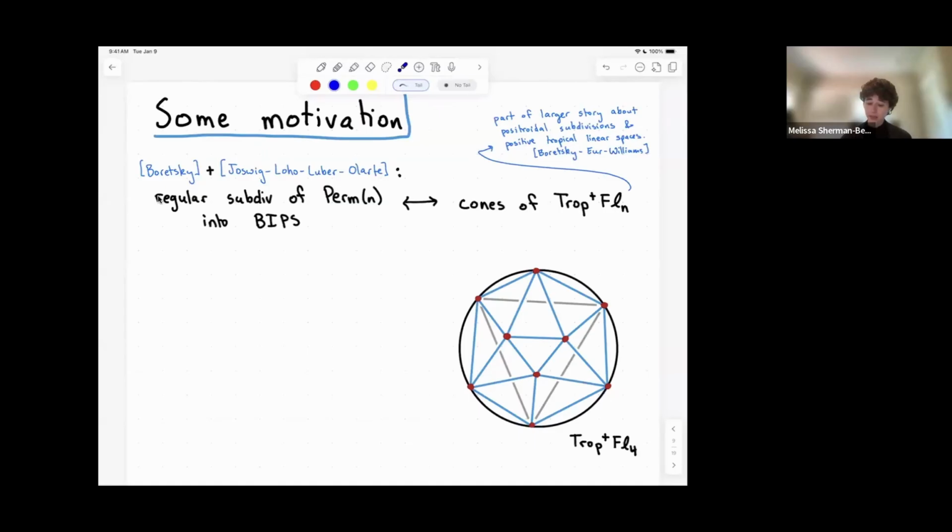If I pick any cone in here, like this cone, which is actually a ray coming out from the origin, that will give me a regular subdivision of the permutahedron into Bruhat interval polytopes. This is what it looks like for that particular cone.